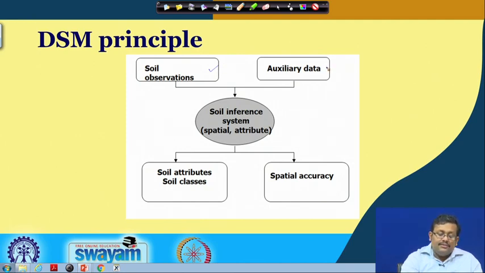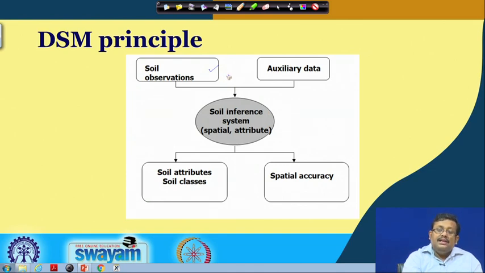This legacy soil data is gathered by collecting real soil samples, and this is the most important part, because without soil observation digital soil mapping is not possible. So, once we collect this point data from different places, we will analyze the soil samples and then compile those soil property values, and that is called the legacy soil data.